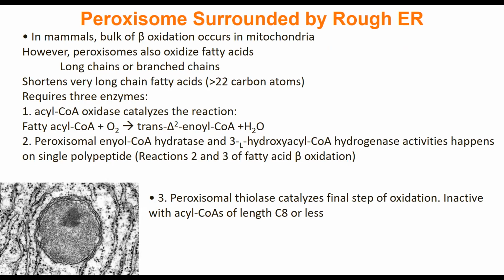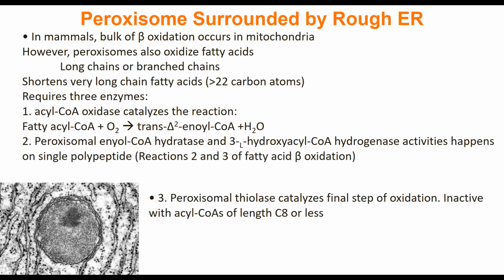Peroxisomes are used to break down really long fatty acids. So if you eat fatty acids that are extremely long chain or have branches, the peroxisomes are going to be the ones that take care of that. And it's going to shorten them until they can be broken down by the enzymes in your mitochondria.